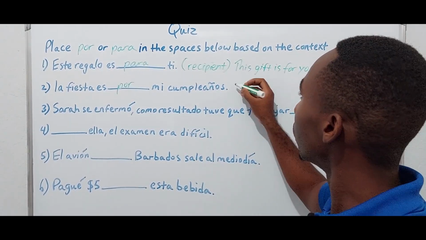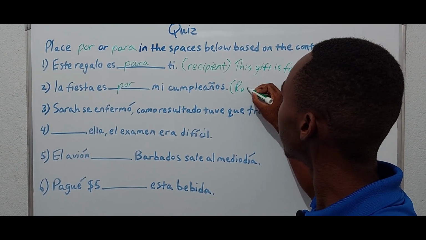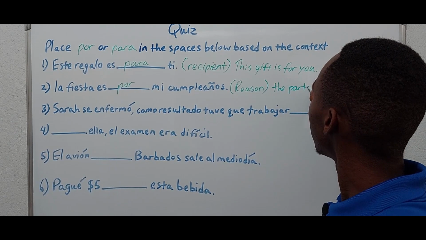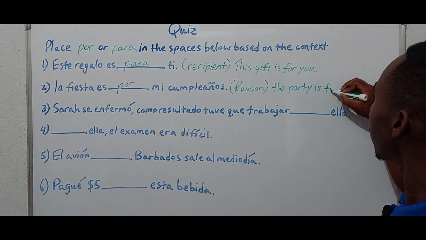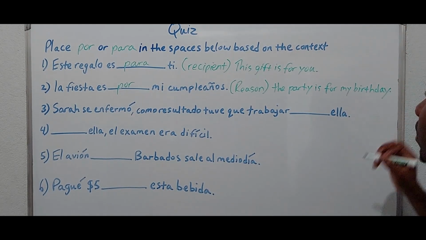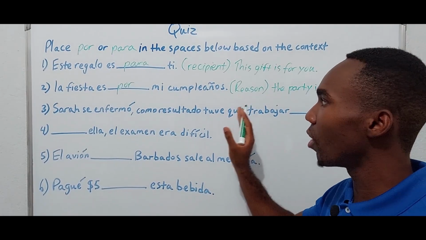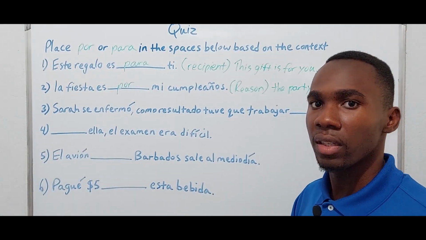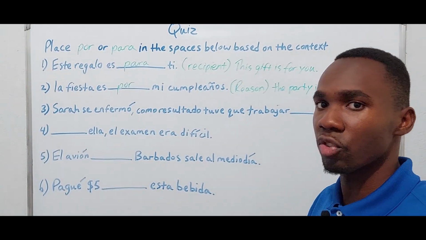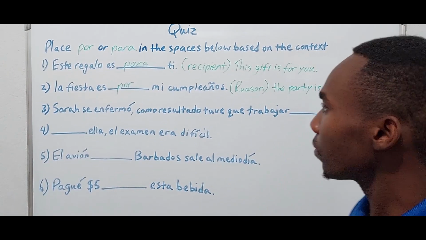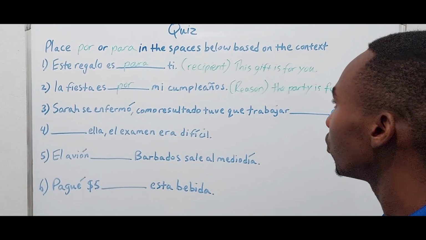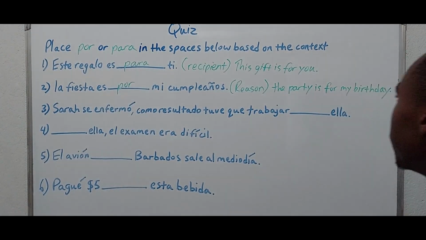So the theme here would be reason. And like I said, this theme is often confused with objective. Like I said earlier, this is probably the most common source of confusion when it comes to por and para, right?